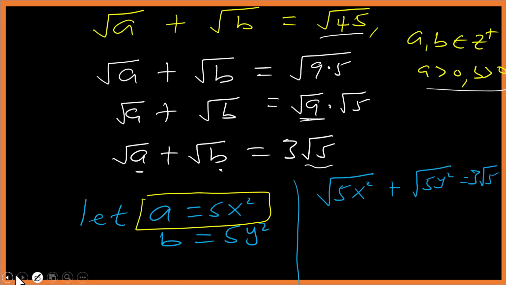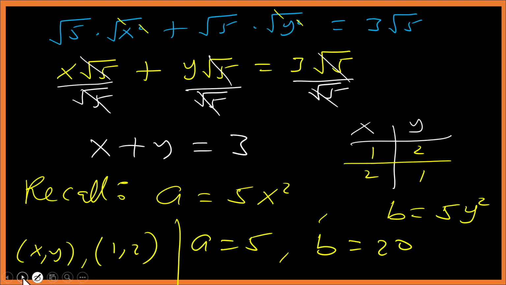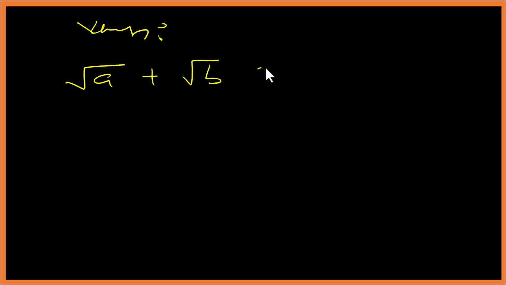So we have square root of a plus b, that is 45. Let's verify. Square root of a plus square root of b equals square root of 45. Now when a equals 5 and b equals 20, let's verify from here.